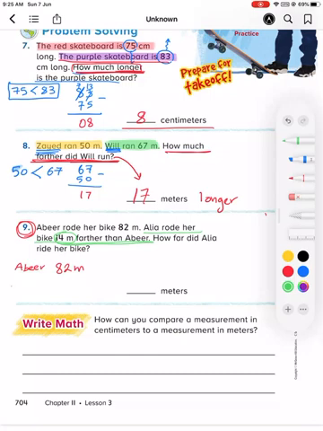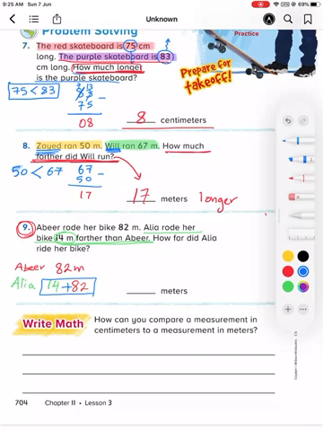So, what did Alia do? Alia rode her bicycle 40 meters further than Abir. So how many meters did Abir rode her bike? She rode it 82. And how many Alia rode her bike more than Abir? 40 meters. So to know how much Alia rode her bike, we have to make plus here.